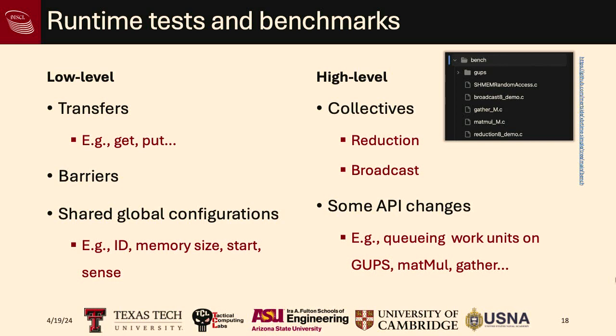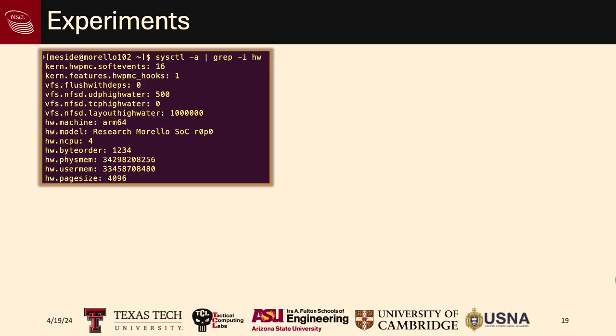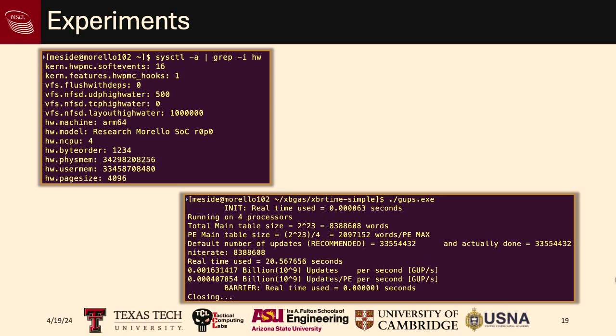We demonstrated them on the Morello platform under a thread scenario to simulate how multiple PEs would behave. This is the board that we use, with its specifications. And here's an example output of how GUPS can perform about 33 million updates over the course of 20 seconds in this thread-based scenario.